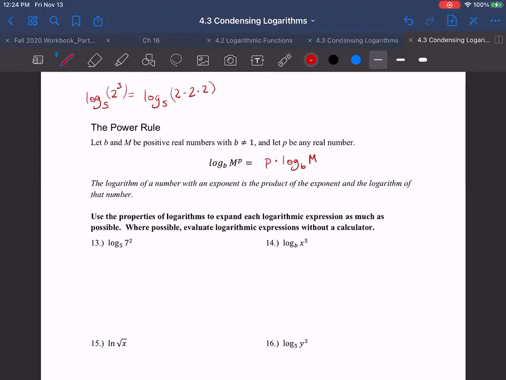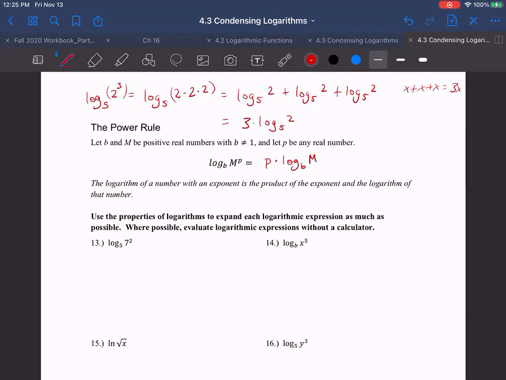And then if I use my product rule from the first, this would become log base 5 of 2 plus log base 5 of 2 plus log base 5 of 2. And so I have just 3 of the same thing being added together. Kind of like if I had x plus x plus x, it would just be 3x. This just becomes 3 times log base 5 of 2.